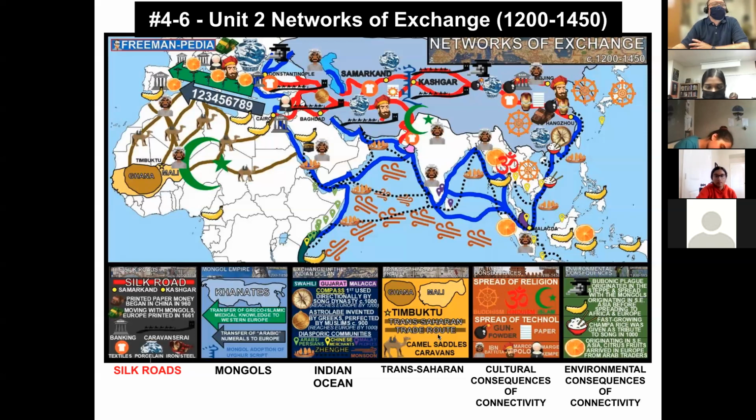And then I think one little detail that sometimes I see pop up on AP tests about the Indian Ocean trade is how it's not dominated by one people. It's kind of a, I don't want to say an agreement, but it's a shared burden. Arabs along the coast of Africa, then South Asians in the middle, and then the Chinese in the east.